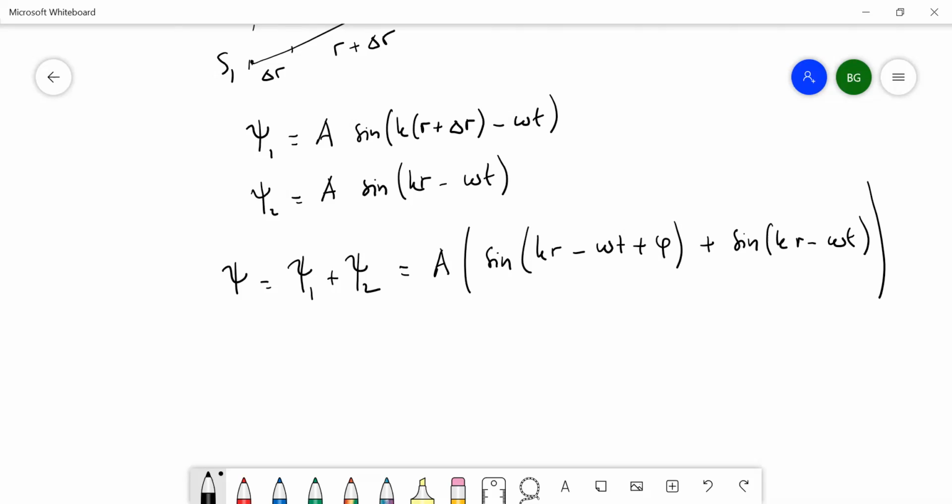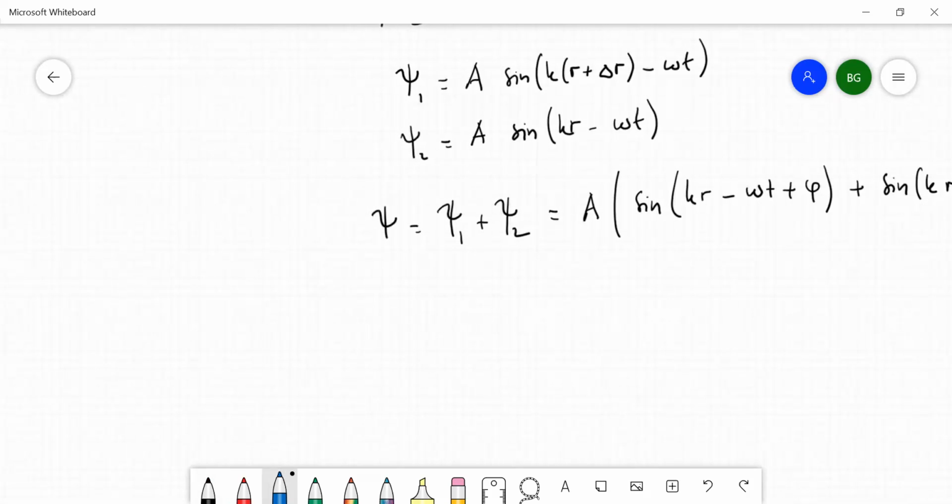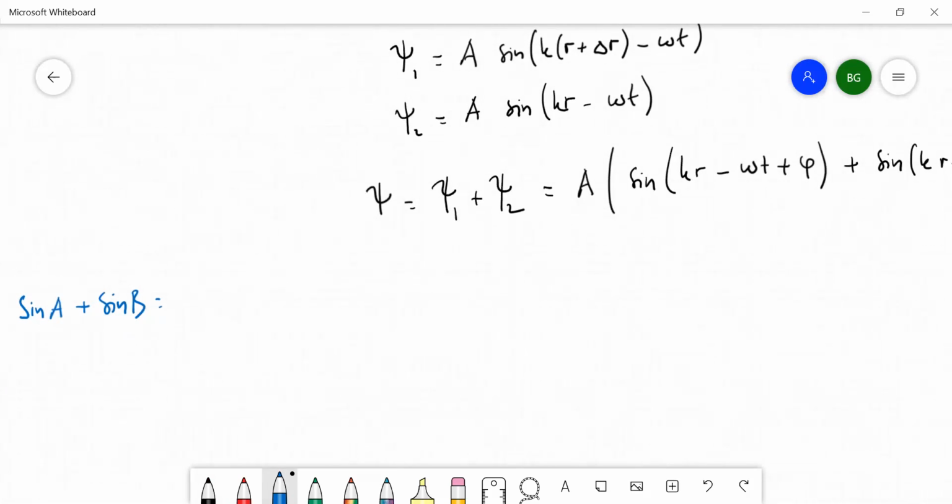No. So using this formula, sin A plus sin B is 2 sin((A plus B) over 2) cos((A minus B) over 2), I think.